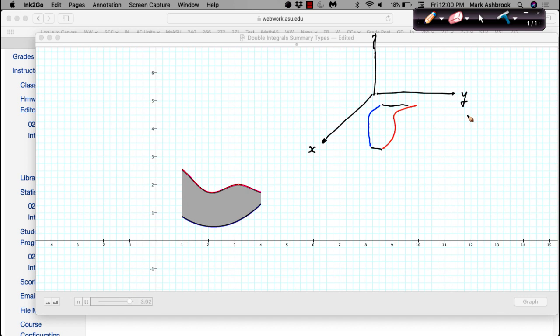I'm thinking it looks like a type 1, just in terms of how it's animated, it's going bottom to top, left to right. What do the rest of you think? It's illustrating a type 1 double integral? Yes, very good. Bottom to top at any arbitrary x, right?